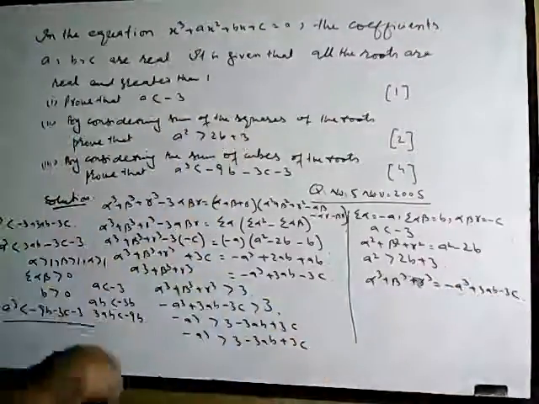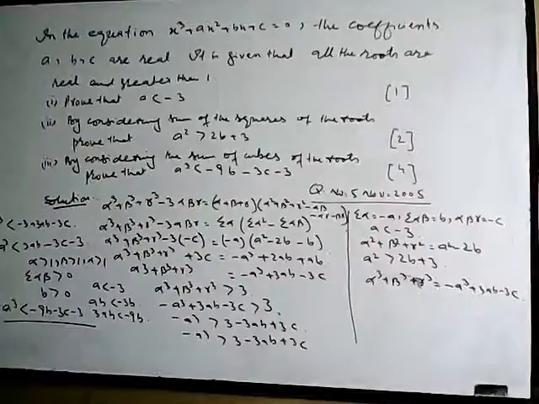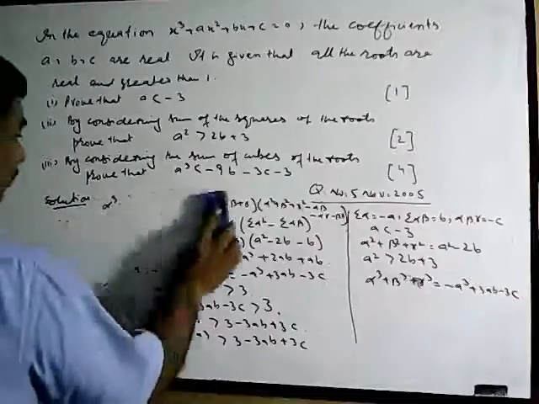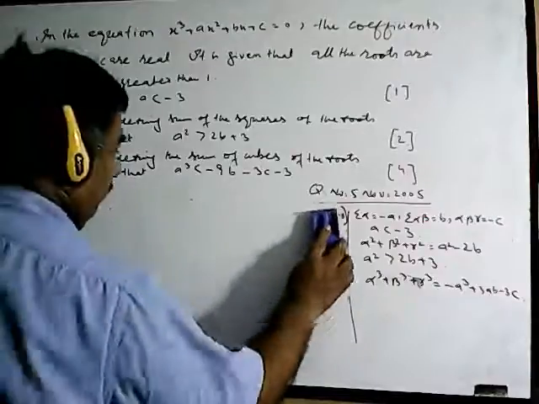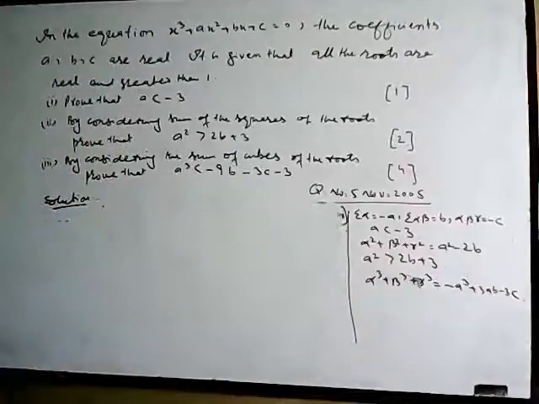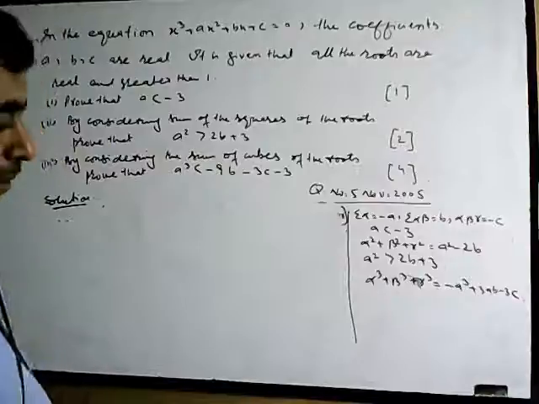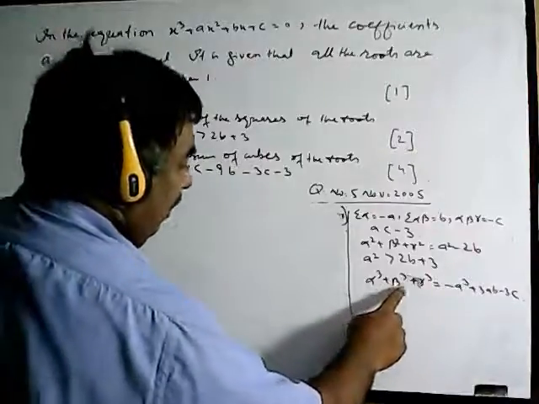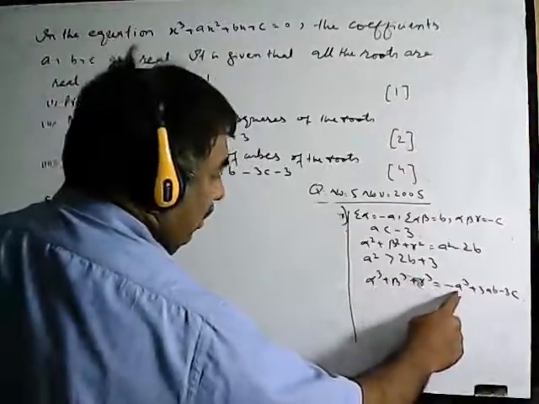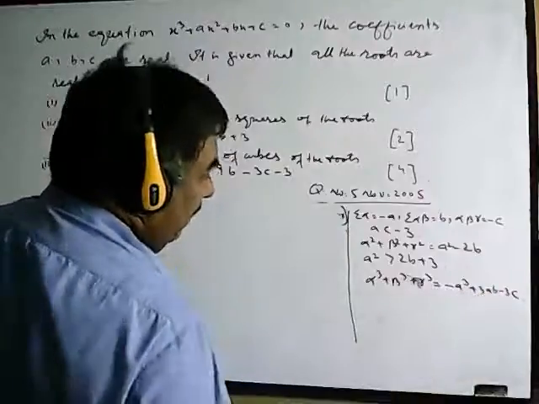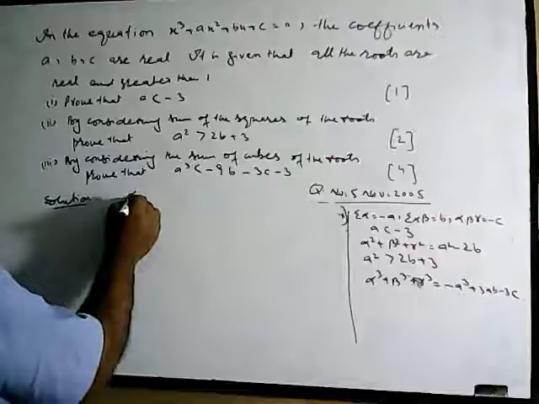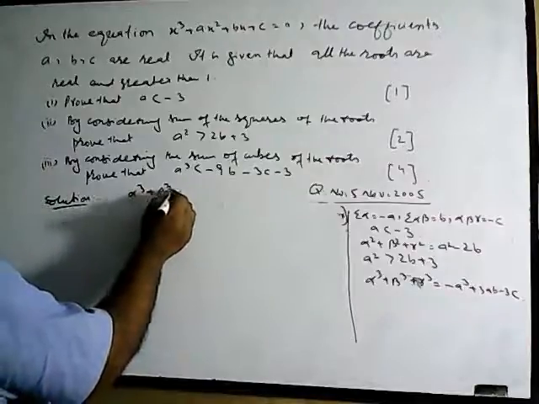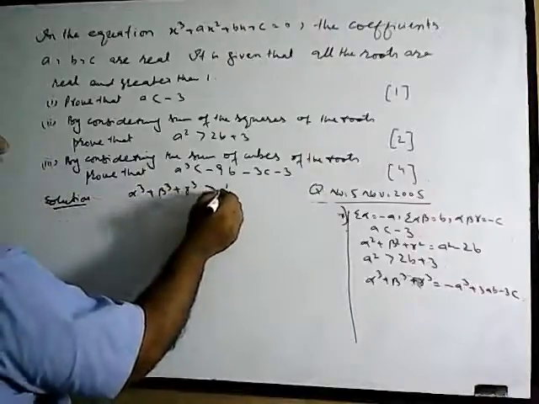Then I'm doing it here again. Let's see how I am doing it, because I have a shortage of place here. Now alpha cube plus beta cube plus gamma cube is minus A cube plus 3AB minus 3C. But you can say alpha cube plus beta cube plus gamma cube is greater than 1.